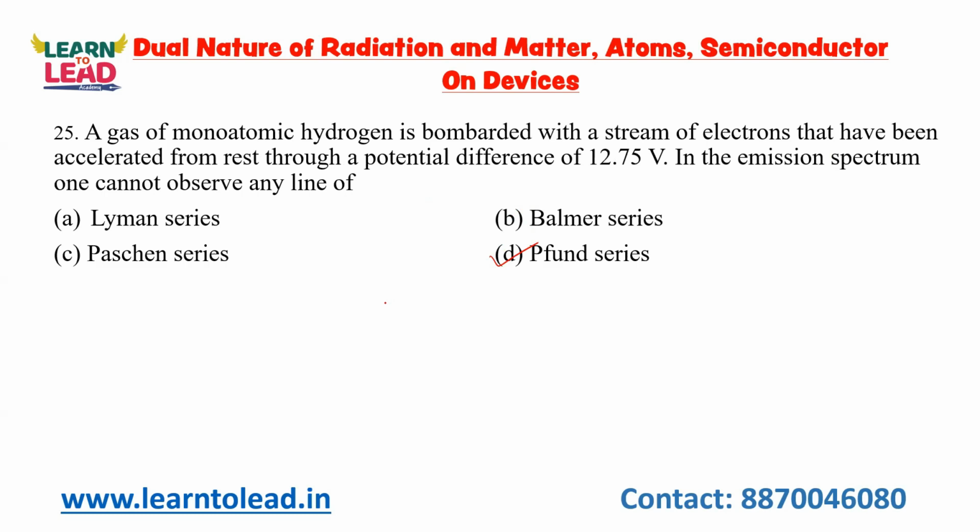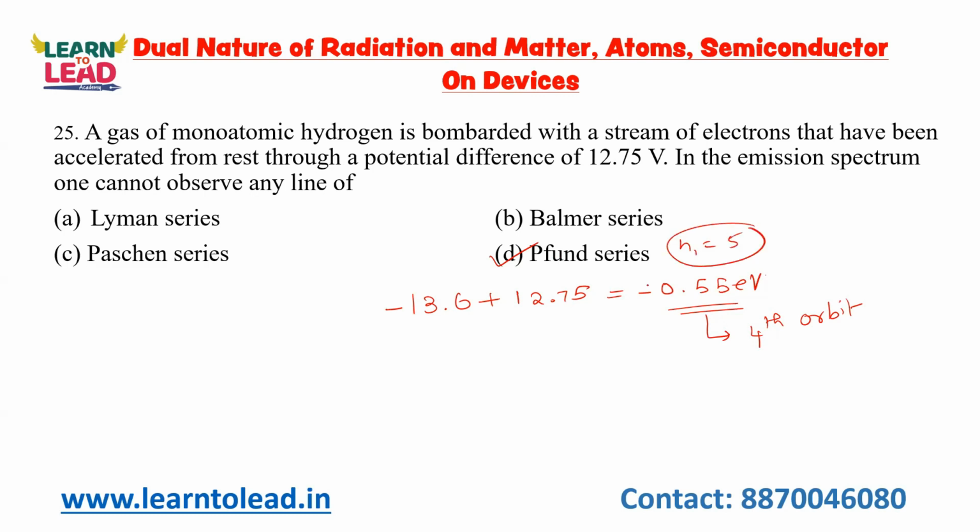See, the total energy of the electron in the ground state becomes minus 13.6 plus the 12.75 given, which gives minus 0.55 electron volts. This is the energy of the fourth orbit. Hence, the Pfund series energy level is 5. So it cannot exhibit the Pfund series. Note it down.